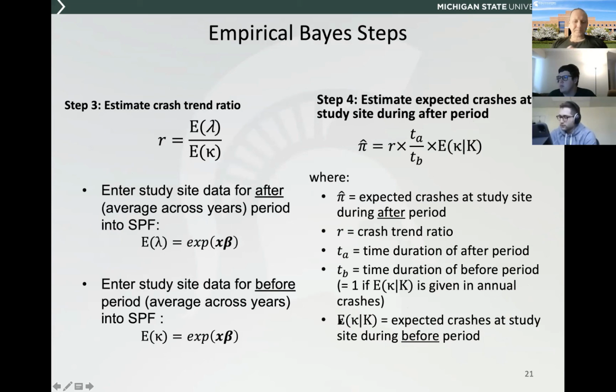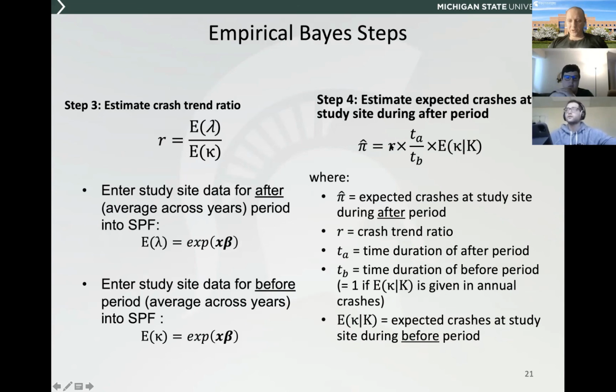All right, and then that ratio, like I said previously, that's generally accounting for the effects of volume. And so we would take the data for that site during the after period, and we would take the data from that same site for the before period, plug that into the regression equation, and then we would just be scaling up or scaling down our expected number of crashes based upon whether or not we saw a general trend of increases or decreases in crashes due to those external factors that would have changed between the before and after periods, okay?